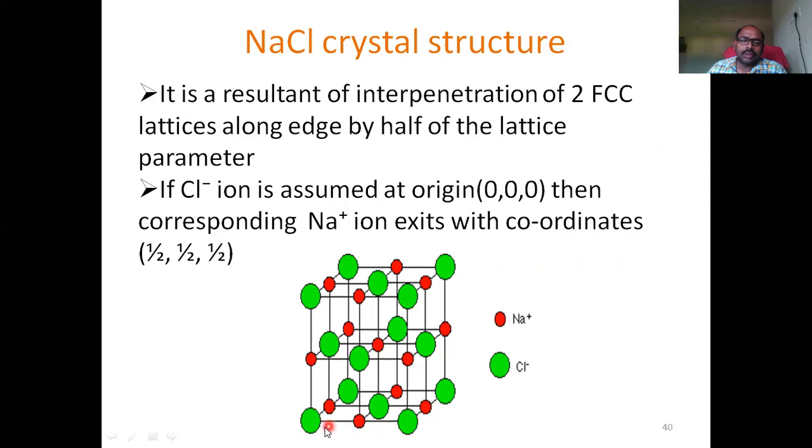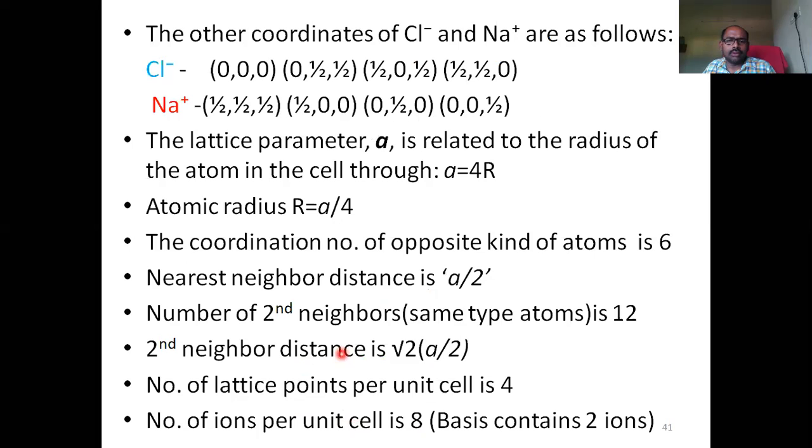Therefore, this distance is a by 2, and there are six such ions, along the positive x-axis, positive y-axis, negative z-axis, and similarly three more in opposite directions. So 6 is the coordination number of the opposite kind. The nearest neighbor distance is a by 2.